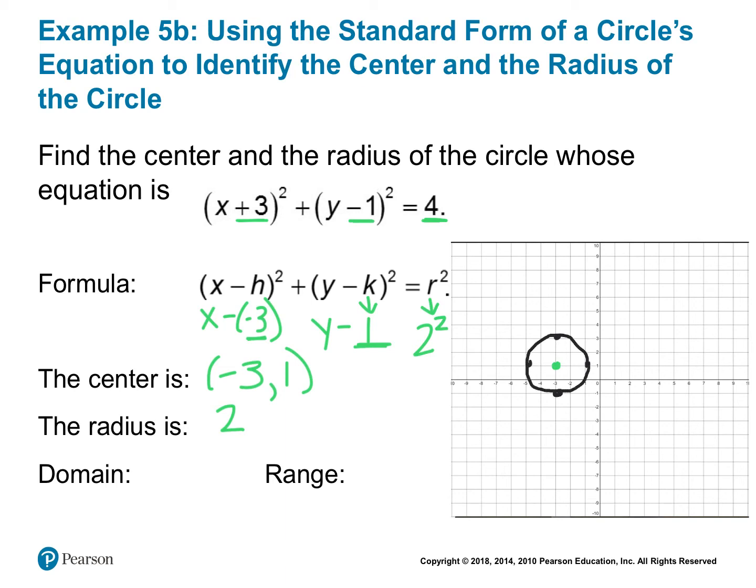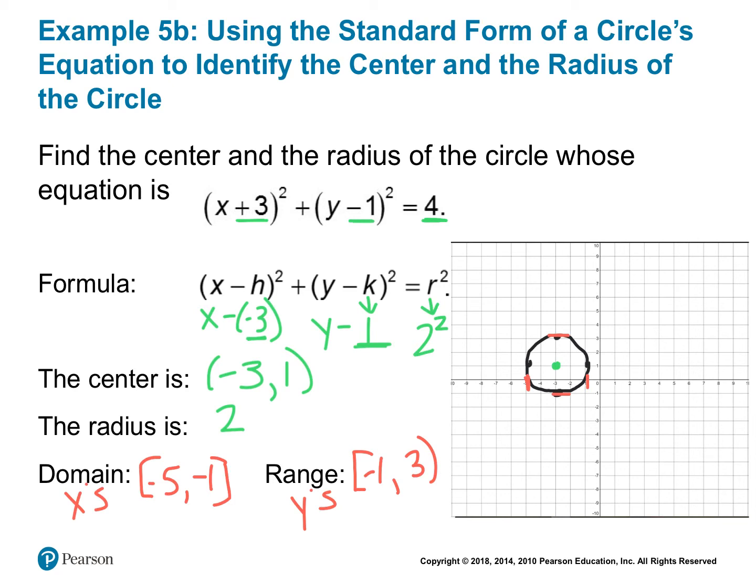Now we'll do the domain and range. So the domain is all the x's, range is all the y's. So our domain goes from -5 on the x-axis up to -1 on the x-axis. And the range goes from -1 up to +3.